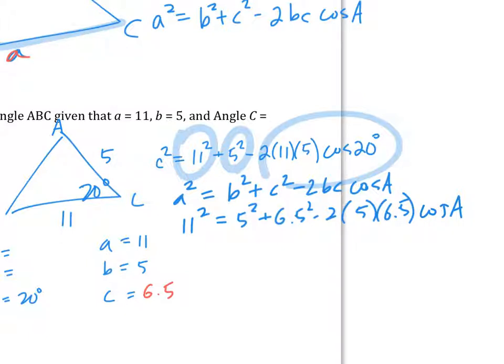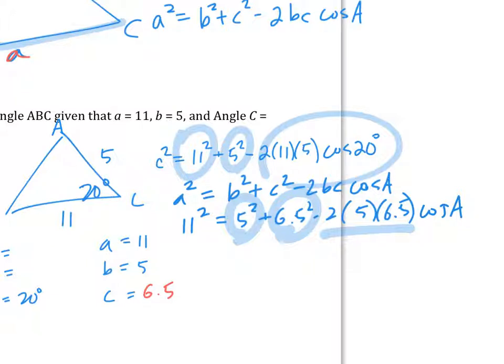You need to subtract out 5 squared, subtract out 6.5 squared, divide by this, and then inverse cosine. Please do not add all this together, divide it out or subtract it out, whatever you are planning to do. That would be wrong. Subtract this, divide this, and then inverse cosine.